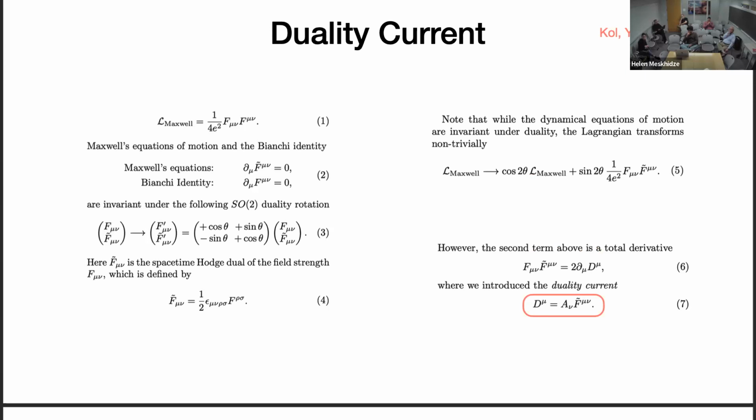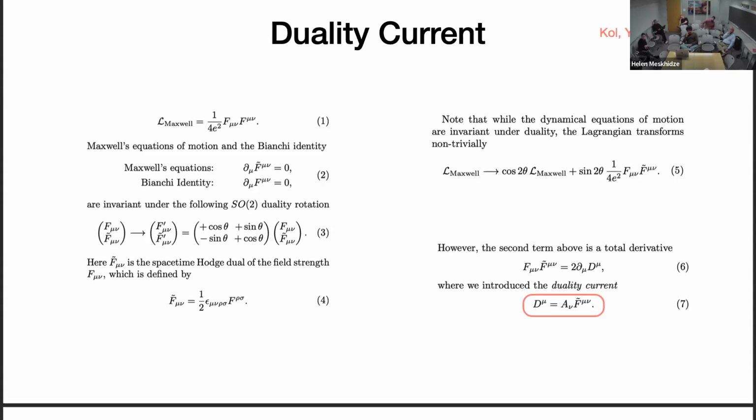In Maxwell's theory, the equations of motion are invariant under duality, but the Lagrangian, in fact, is not invariant on the nose. It picks up a boundary term, a total derivative term, whose current is known as the duality current.